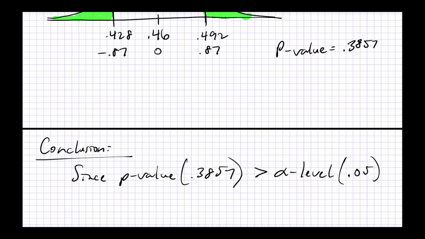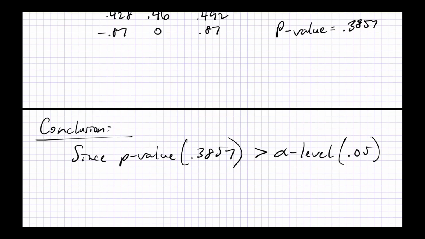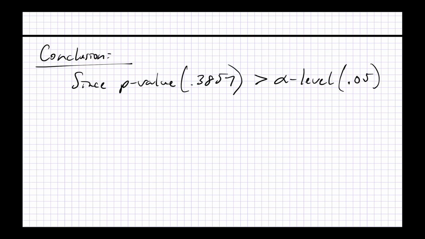Are we rejecting here or are we failing to reject here? Fail to reject. Yep, too big. P-value is too big. We fail to reject the null hypothesis. We don't have enough information to say it's wrong. It's kind of like saying not guilty. You're not saying the person's innocent. You're saying I don't have enough evidence to say they're guilty. Right?